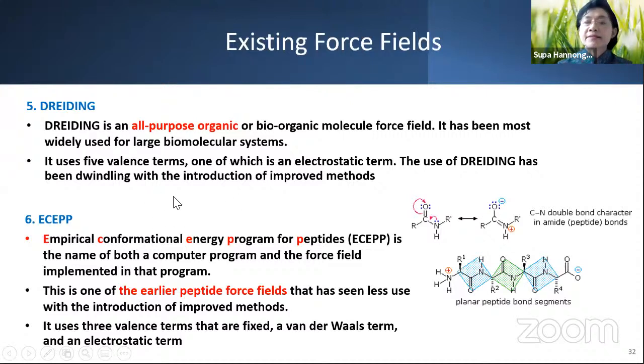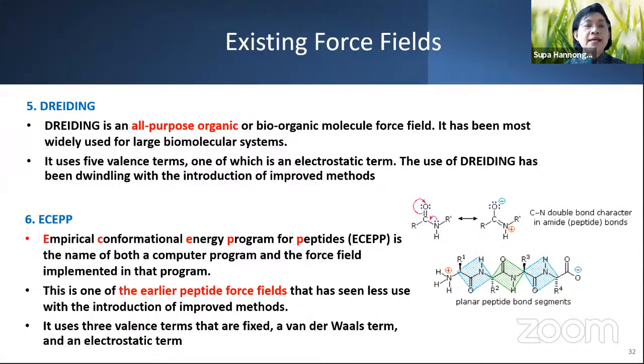And the next, I bring you to a little bit complicated system. ECEPP comes from Empirical Conformational Energy Program for Peptides, ECEPP. This is the name for both the computer program and the force field implemented in this program.